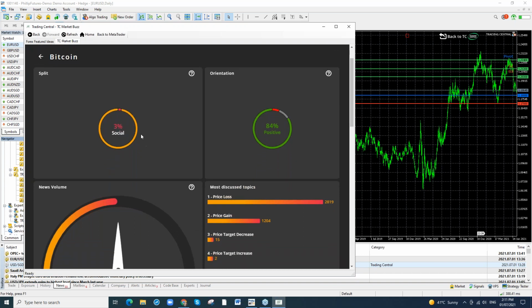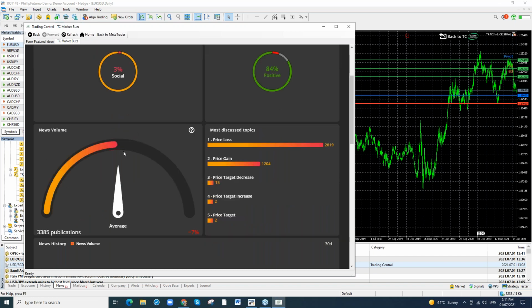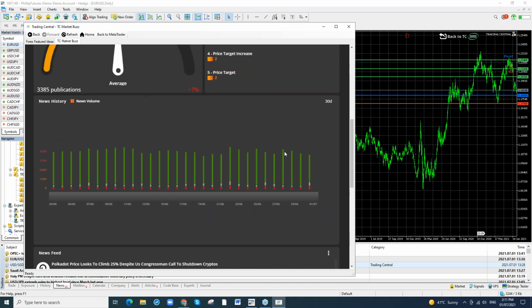Here you get the split between the news and the social media publications. You get the orientation: is it positive, neutral, or negative? You get the news volume, like currently it is average, the most discussed topics, and the history volume.